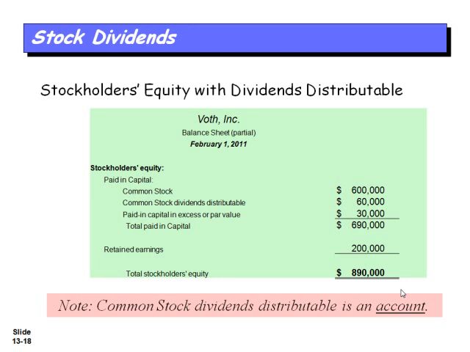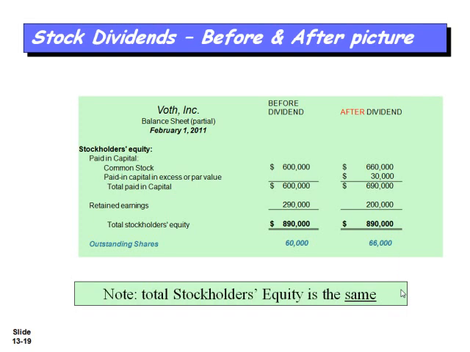The paid-in capital is 30,000, and retained earnings is 200,000. So here's the before picture, here's the after picture. Total stockholders' equity is the same. You'll note the outstanding shares are now 66,000. And you'll note the balances in total paid-in capital and retained earnings have changed.